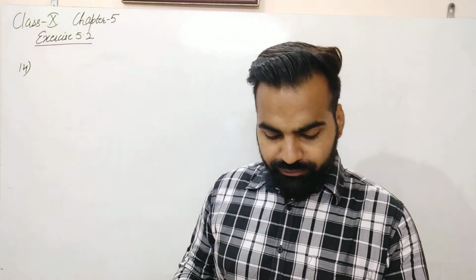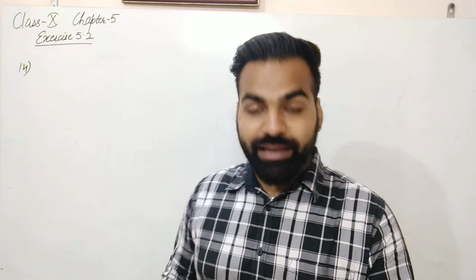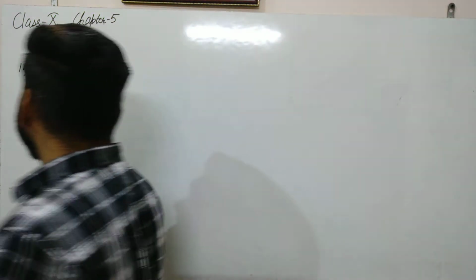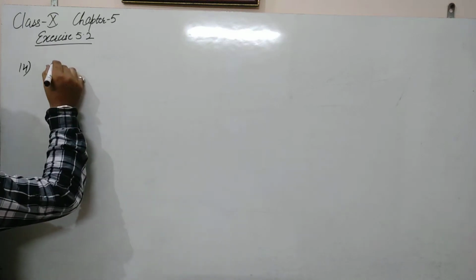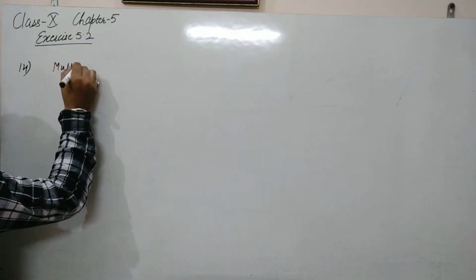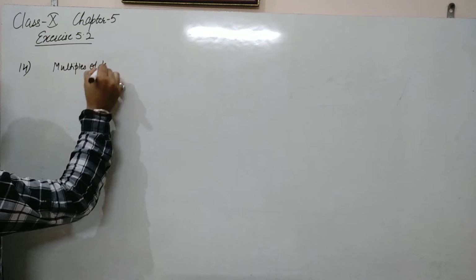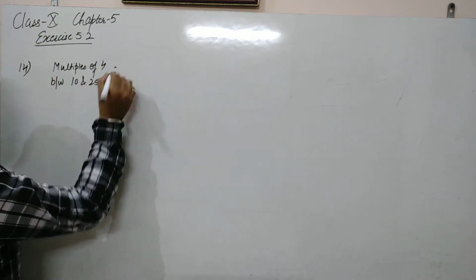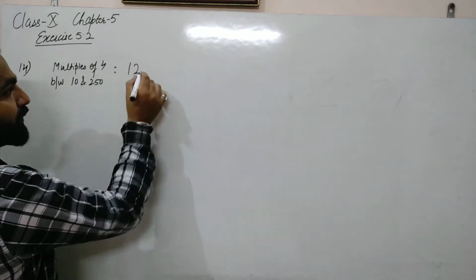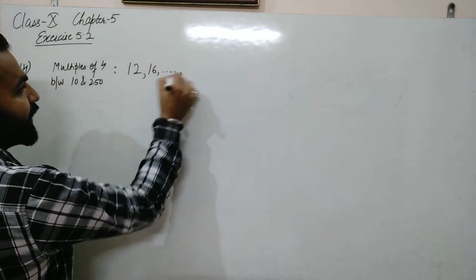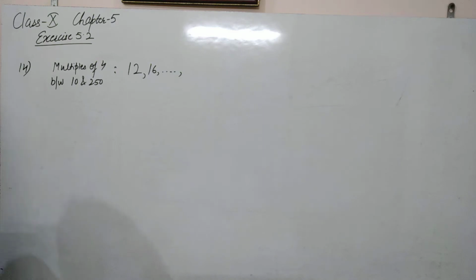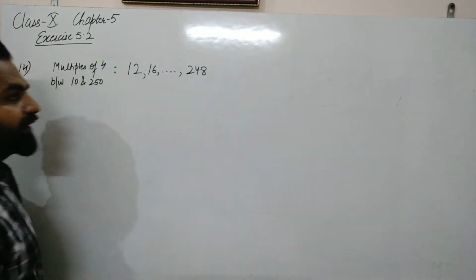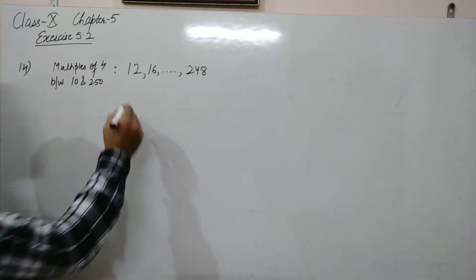So the first multiple of 4 between 10 and 250 will be 12, next will be 16, and in this way the last multiple before 250 will be 248. So here this forms an AP.